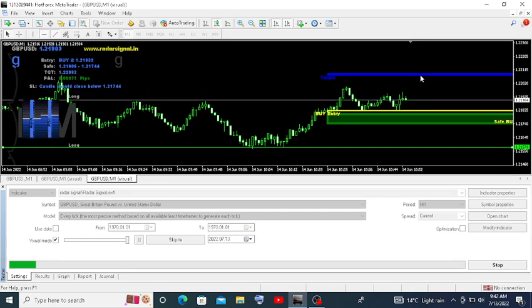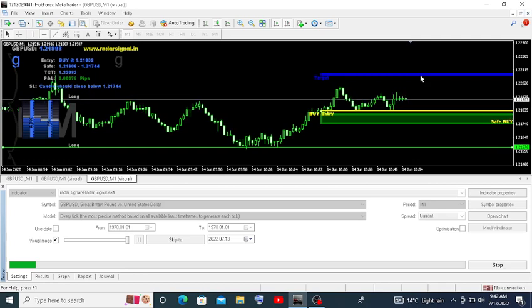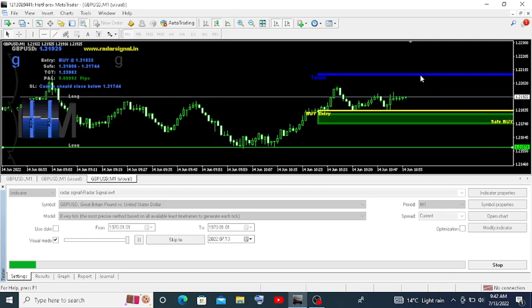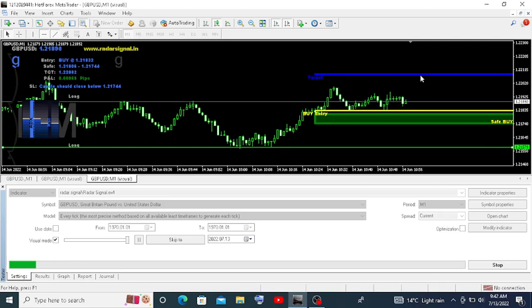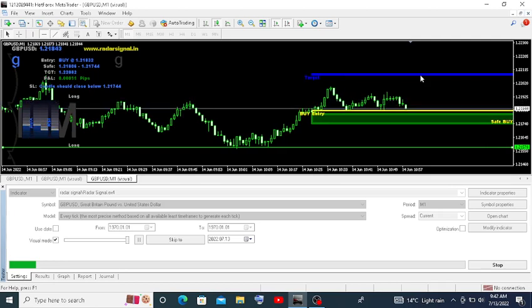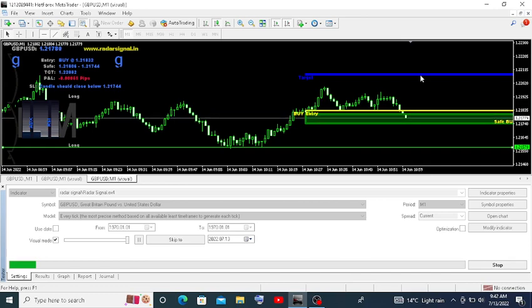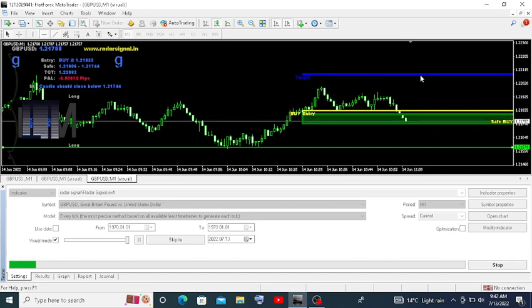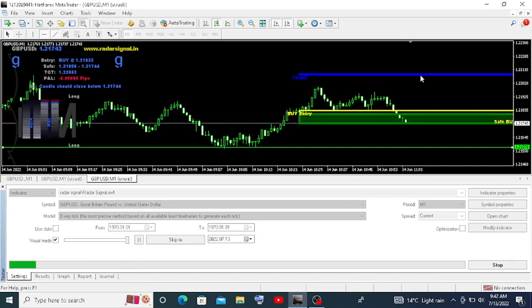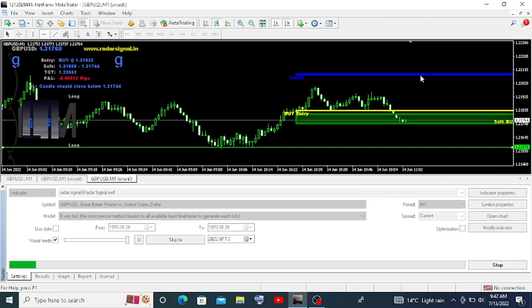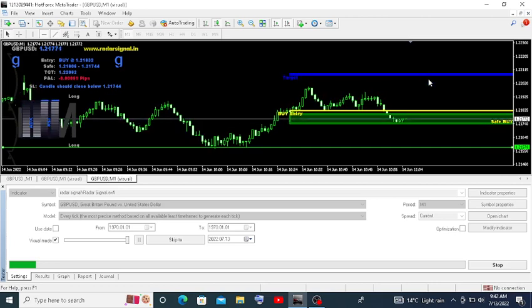Hence, if you get 10 pips, you close and you wait for another chance, you enter, you close, you wait for another chance, you enter, you close. That's how you scalp, and that's how you trade. Before you know it, these minor 5, 10 pips, 15 pips will end up making huge profits when they are collected together.